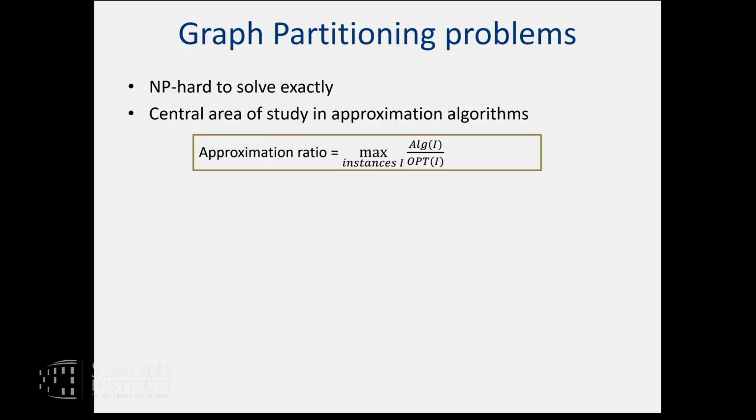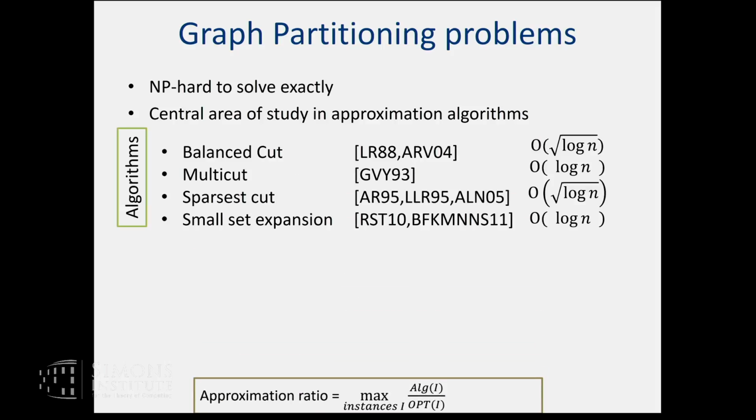This measures the performance of the algorithm. And due to a lot of really seminal works, we have polylogarithmic in n approximations, where n is the number of vertices in the graph, for a lot of these problems in this class.